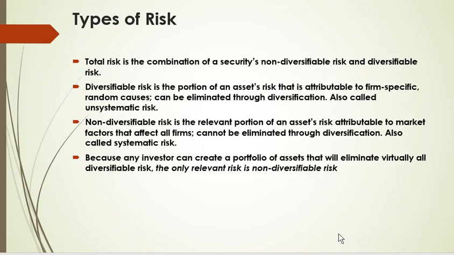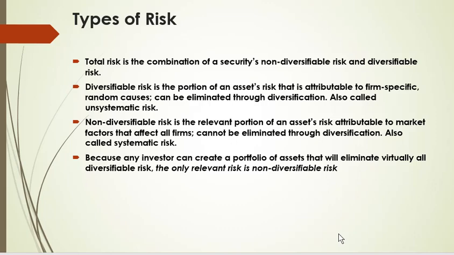So what types of risk are there? The statistic of standard deviation that we calculated earlier is a measure of total risk. But total risk has two parts. Part of that risk is diversifiable, and the other part is non-diversifiable or undiversifiable.